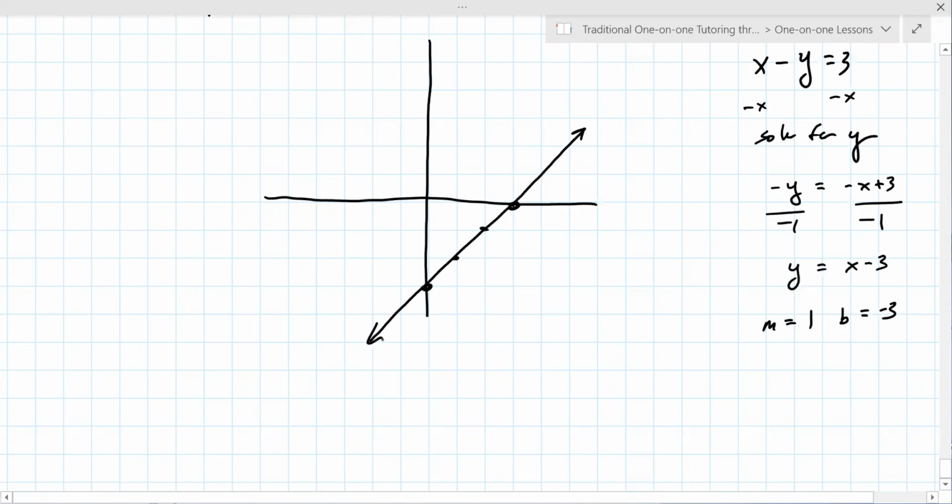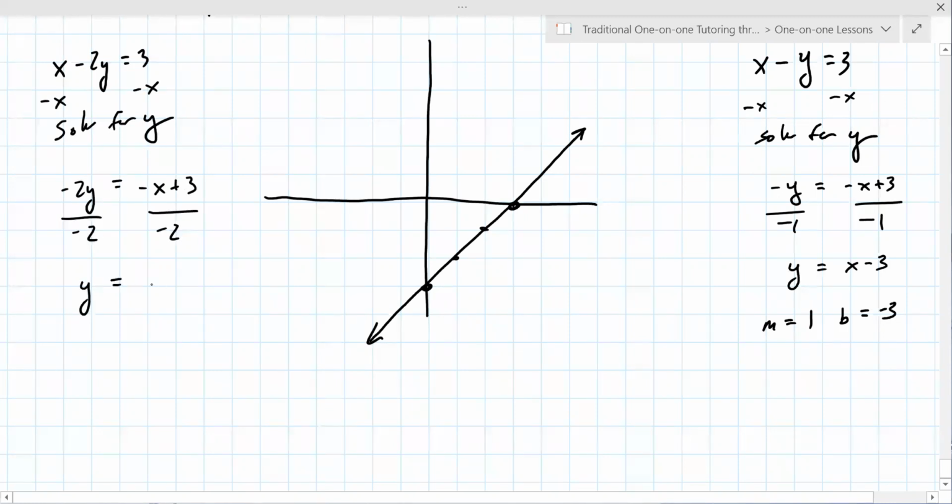All right. Then we also have this other equation, x minus 2y equals 3. So is the m in that -2? Nope, you have to solve for y. So you subtract x, so minus 2y equals minus x plus 3, divide by -2. So y equals 1/2 x minus 3/2.